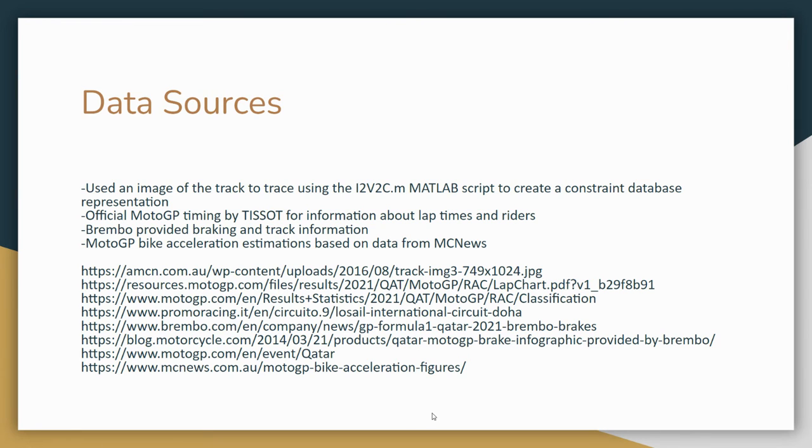The timings we have are provided officially by MotoGP by TSUT, with information about riders as well. Courtney had an image earlier, which was provided by Brembo about the braking and track information, as well as the MotoGP bike acceleration estimations were based on data from MC News. And then we just have a few of those links here, as I have mentioned.